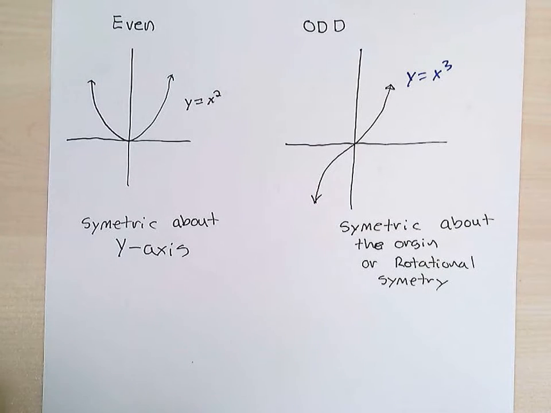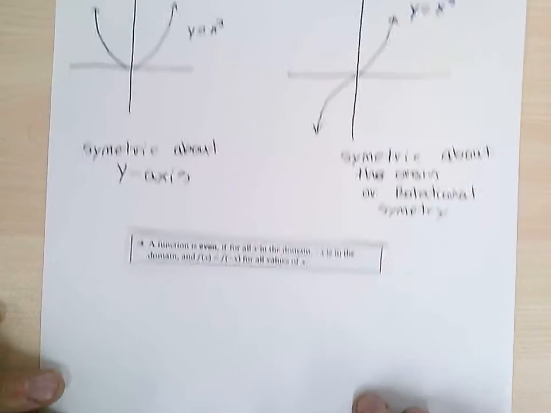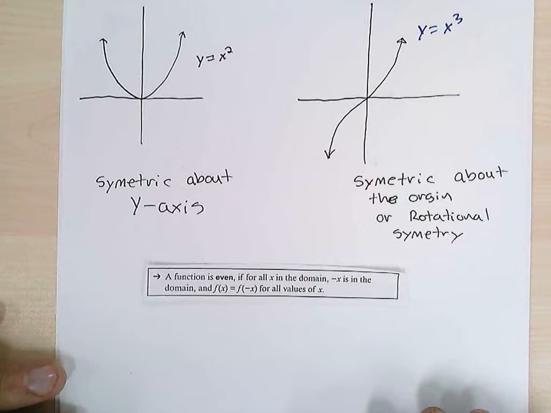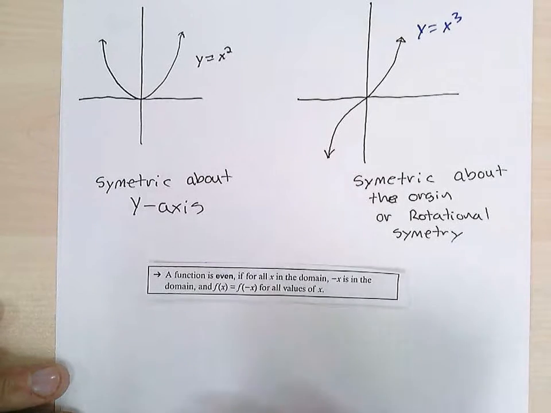Now, how we represent that algebraically is this way. A function is even if for all x in the domain, negative x is in the domain, and f of negative x is equal to f of x. So if we plug in a negative x into the function and it comes out to the same function, then it's even.